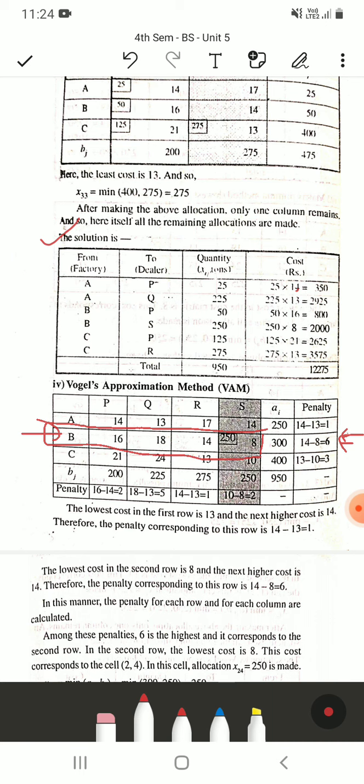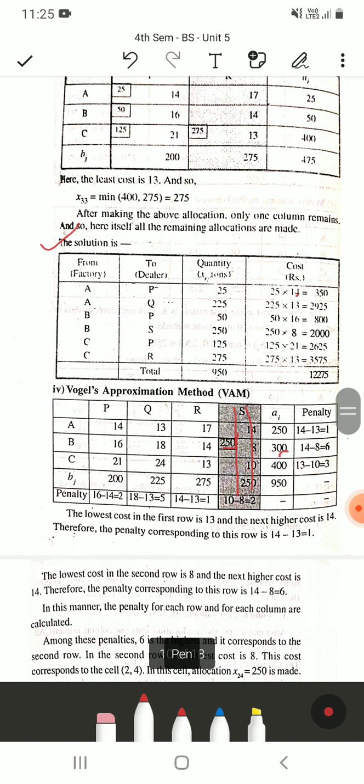In this, to make an allocation, you have to choose the cell which has the lowest cost value. So it is 8. So make the allocation. So to make the allocation, again you have to check the minimum value between AI and BJ. So it is 250. So 250 is allocated and S is vanished, and here it is 50.